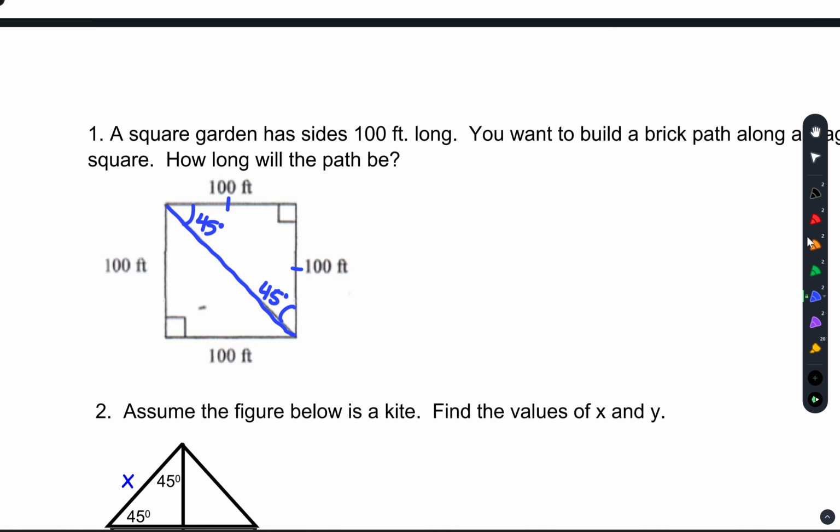So if the leg of my 45, 45, 90 triangle is 100, the hypotenuse is... what's the hypotenuse? I take the leg, I multiply it by... did I say something wrong?